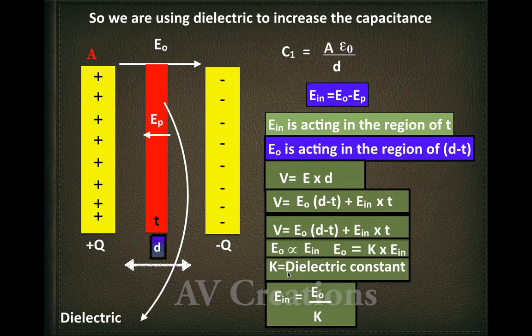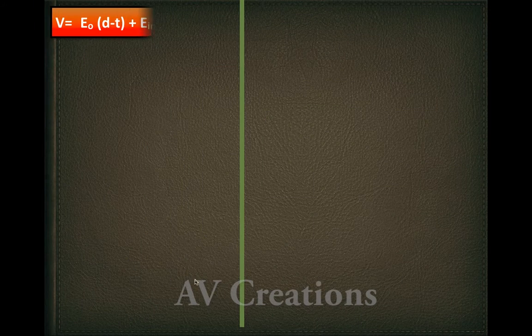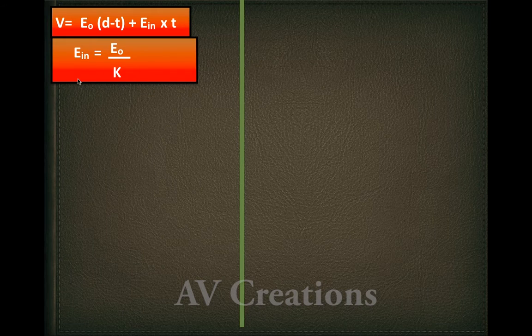Now we have the equation for the internal electric field: E in is equal to EO upon K. So the equation for electric potential is EO into D minus T plus E in into T. We replace the value of E in using that expression.